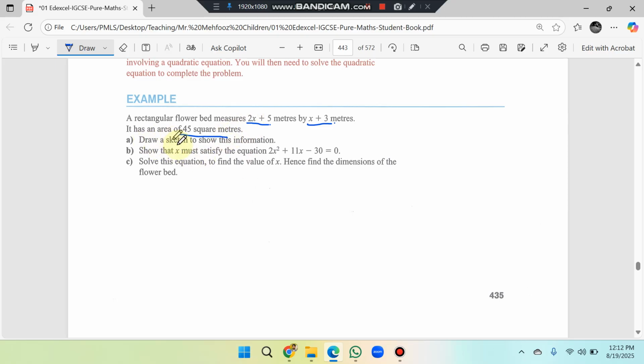First of all, draw a sketch to show this information. We have to draw the sketch in part A. In part B, show that x must satisfy this equation. So we have to show that our x satisfies this equation. And the third one is solve the equation to find the values of x, hence find the dimensions of the flower bed.